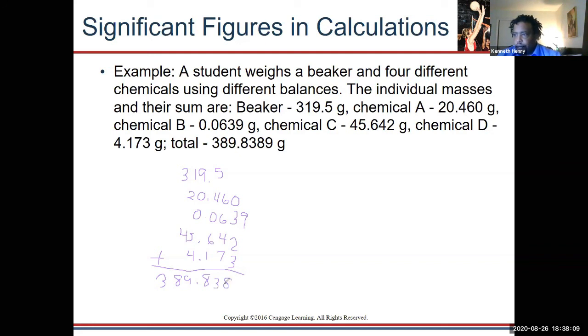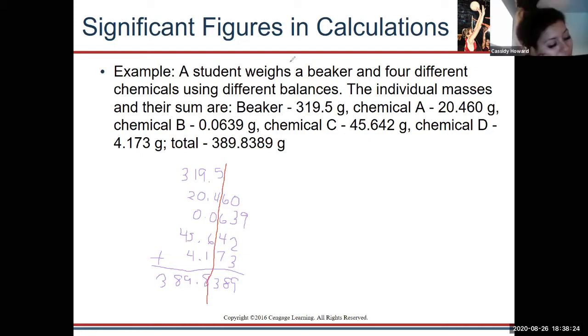89. Okay, so where are we going to draw our lines? The first one after the 5. Our second one? After the 0, that is correct. The next one?